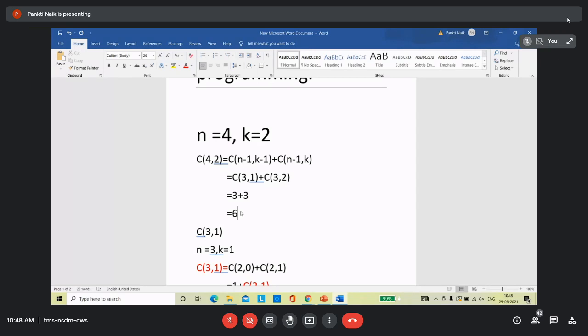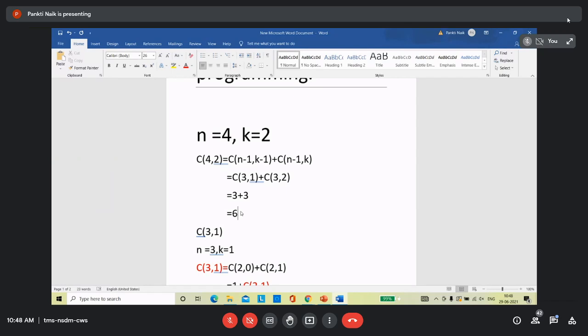Right? And by solving these instances, we ultimately generate the final solution. Right? So for computing the binomial coefficient, in this way, the dynamic programming approach is used.